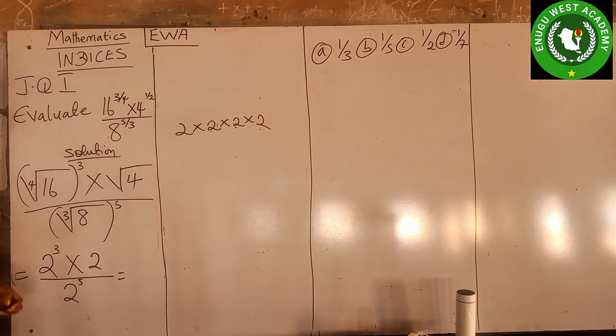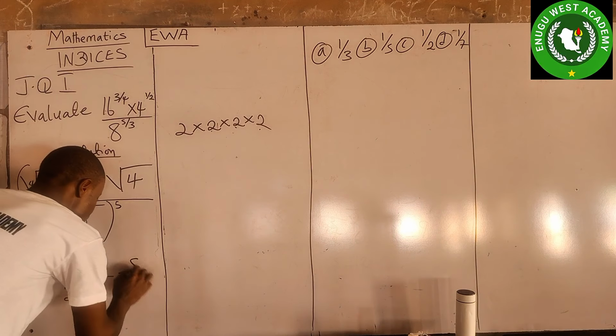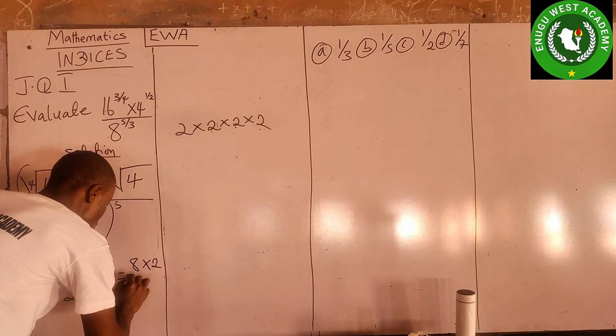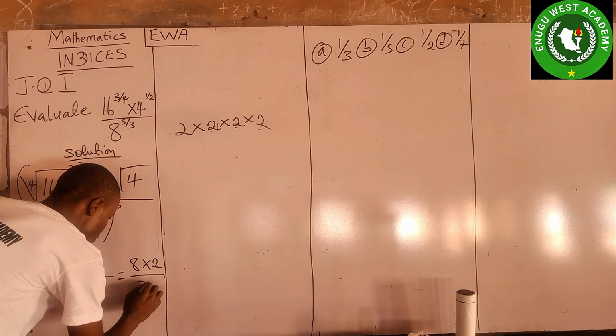So this will be equal to, now 2 raised to power 3 is 2 times 2 times 2, which is 8, times 2, over 2 raised to power 5, which is 32.